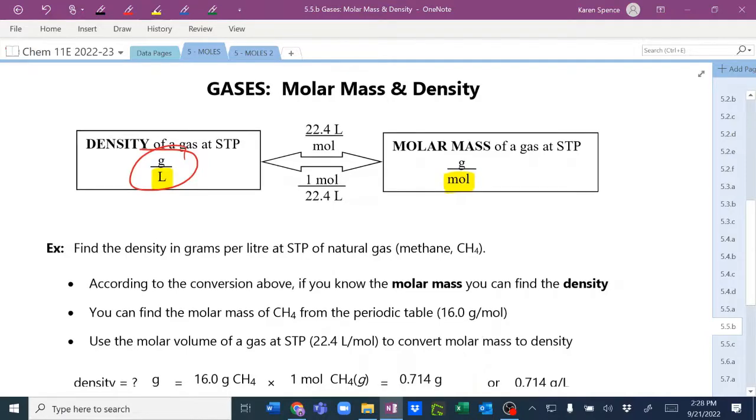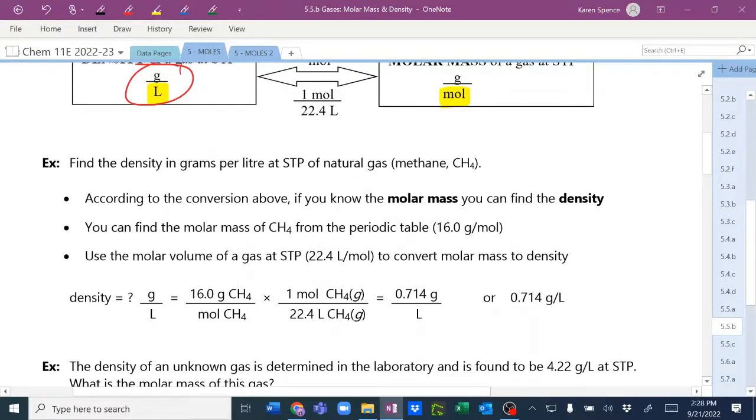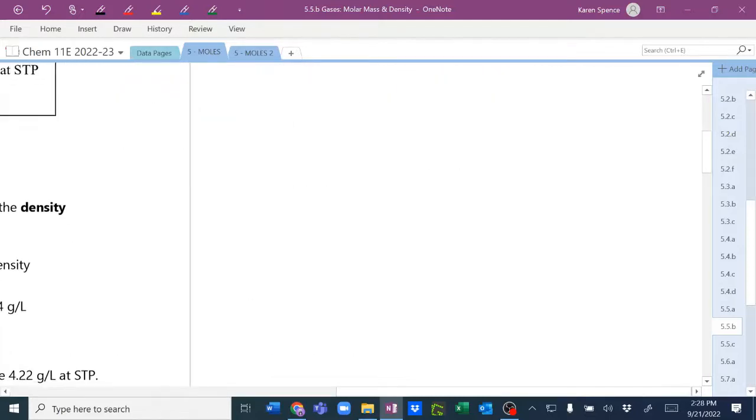Okay, so here we have an example. Find the density at STP of natural gas methane. You might look at that question and wonder how to do that. If you didn't know that you could find density from molar mass, that would be a problem.